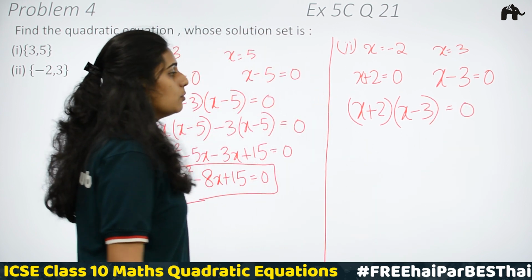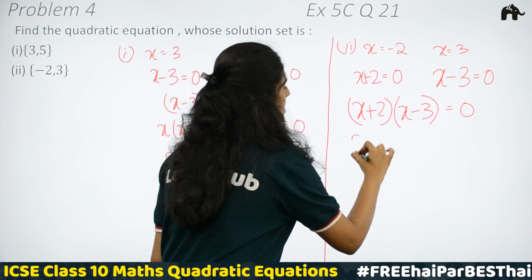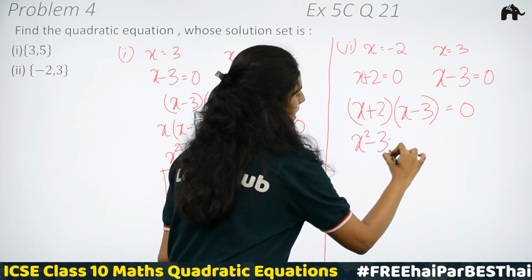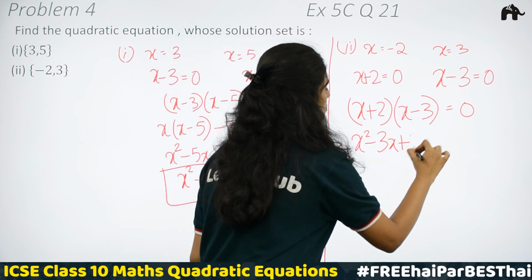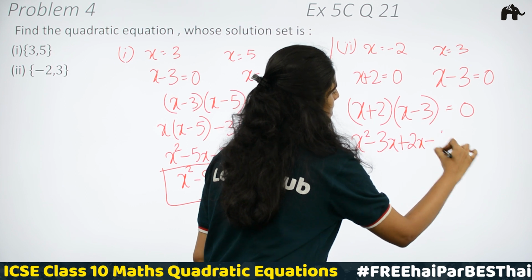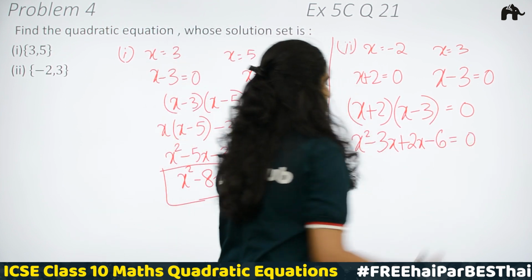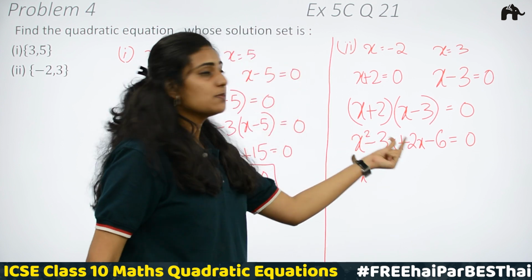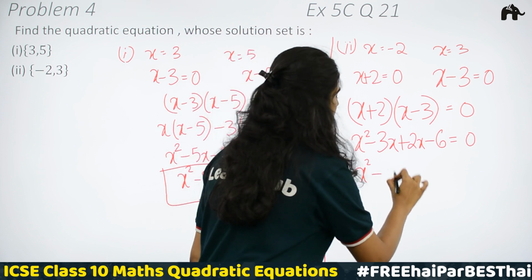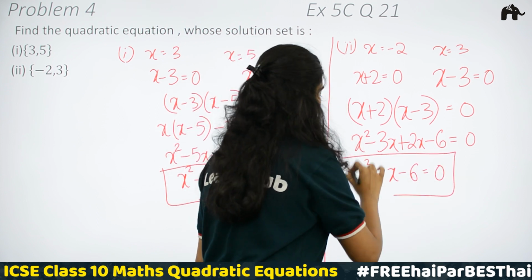Same steps, remove the brackets and multiply. x into x minus 3, that is x square minus 3x, plus 2 into x minus 3 plus 2x minus 6. 2 into minus 3 is minus 6 is equal to 0. That is x square minus 3x plus 2x minus x minus 6 is equal to 0. This is the required quadratic equation.